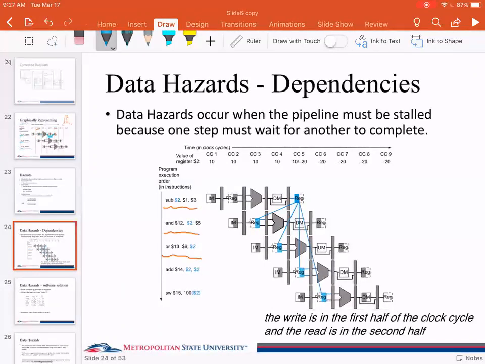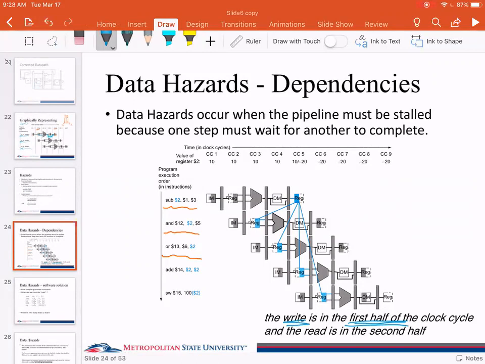And as I told you, we use color to highlight the different parts of the register file and the data memory. The first half means we are performing a write, and the second half means we're performing a read. Why do we want to do that?